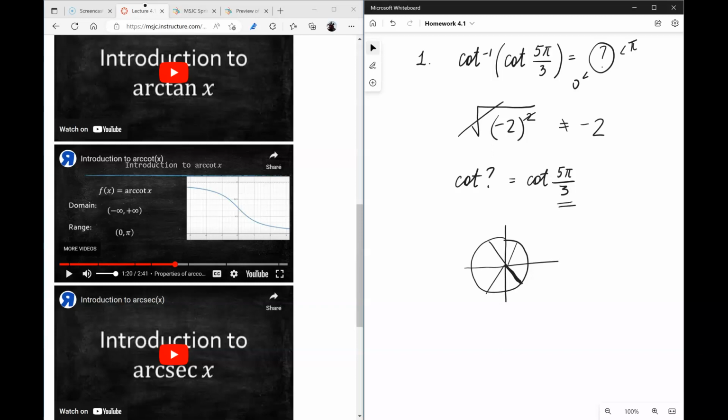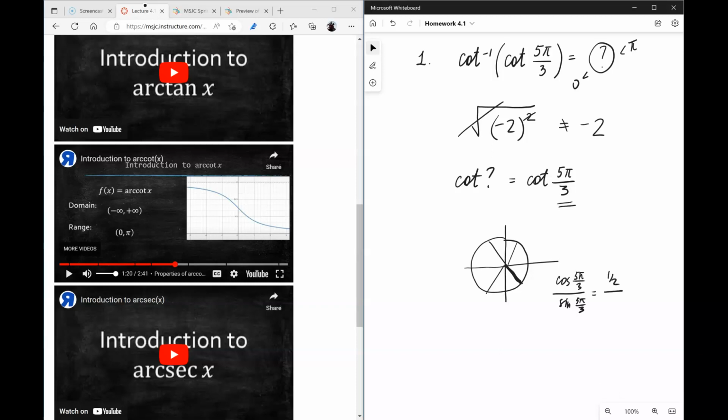And we want, what's the cotangent of 5 pi over 3? It's the cosine of 5 pi over 3 divided by sine of 5 pi over 3. So I think what's important here is that cosine of 5 pi over 3 is 1/2.